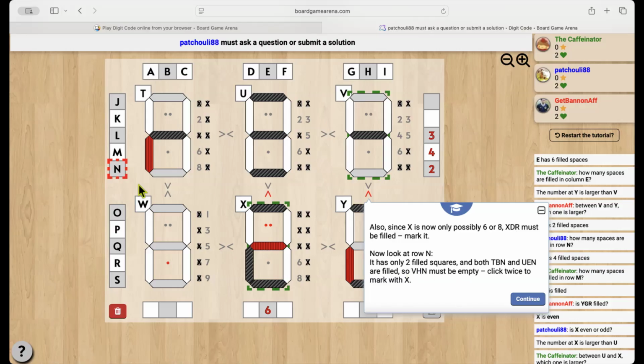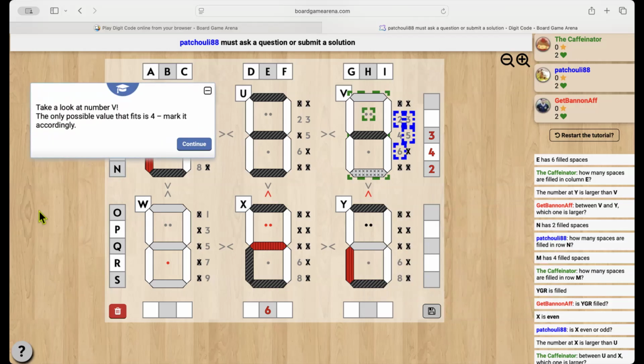So on both T, B, N and U, E, N are filled. How do we know that's filled? So V, H, N must be empty. Again, because this has to meet 2 and 6 and 8 means that this has to be filled no matter what. So this will not be filled. So we'll put that there.